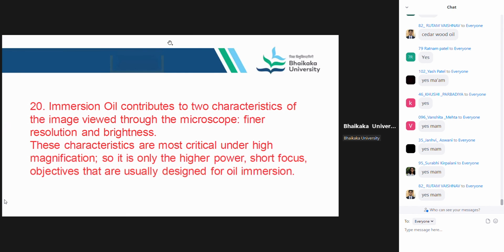Who can answer? Please put it in the chat box, or you can unmute your mic. Yes, I will allow you, and you answer on the mic. What are the precautions you should take for using a microscope, in proper handling?